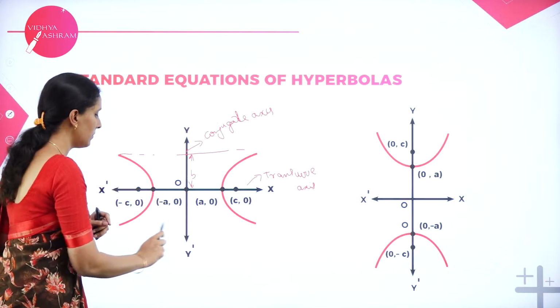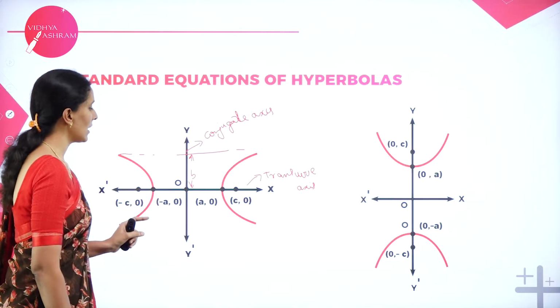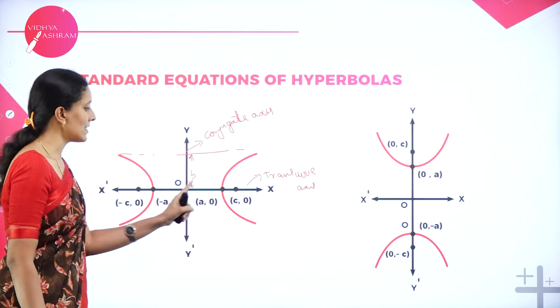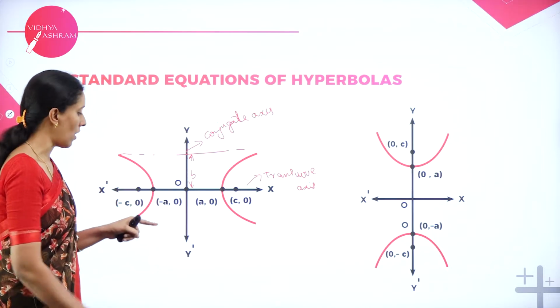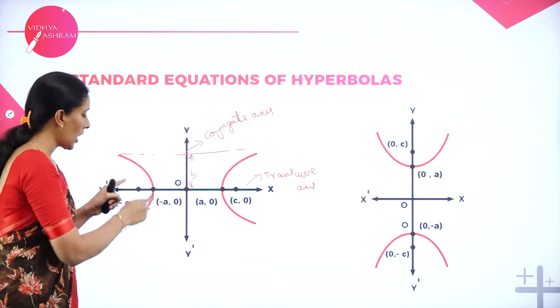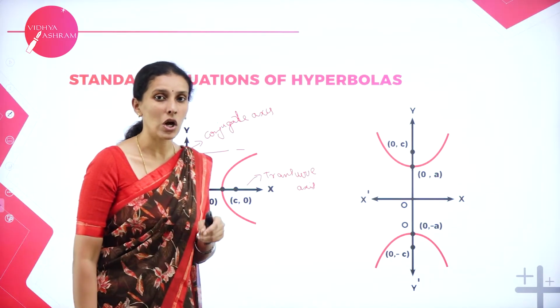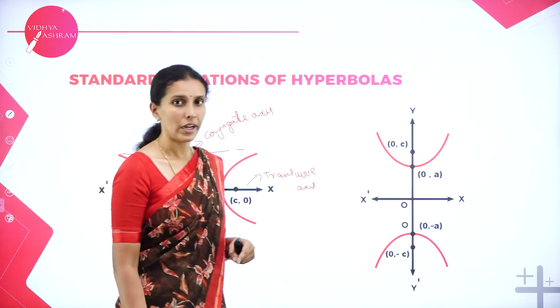And similarly here, it is minus a. So the points where the curve touches the x-axis at two distinct points are called the vertices of the hyperbola. The line where the foci and the vertices of the hyperbola lie is called the transverse axis and the other one is called the conjugate axis.